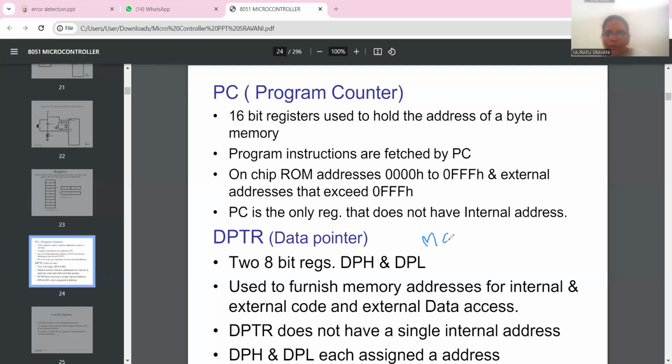For example, if you want to write MOVX A, @DPTR, the MOVX is used for RAM purposes. If we write MOVC, that is used for code memory, program memory purposes. Here we use MOVC for ROM and MOVX for RAM, with the DPTR.